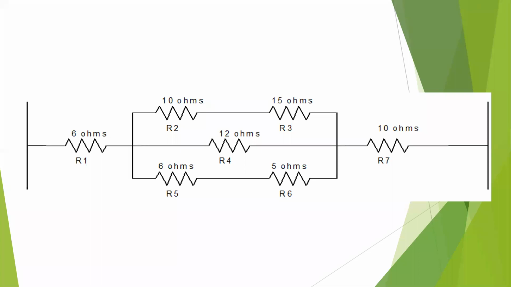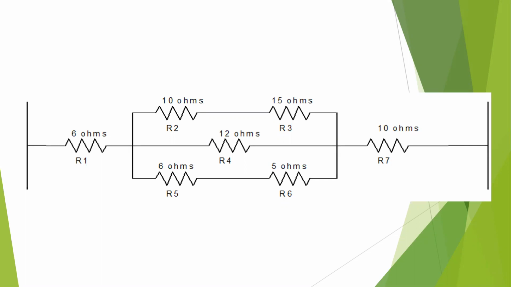Okay, let's get started. For this circuit, what's the first step that you would do? Yes, add resistors 2 and 3 and 5 and 6 to get R2,3 and R5,6.